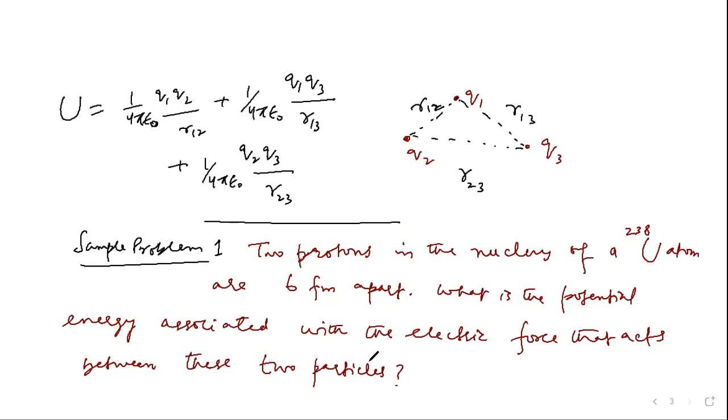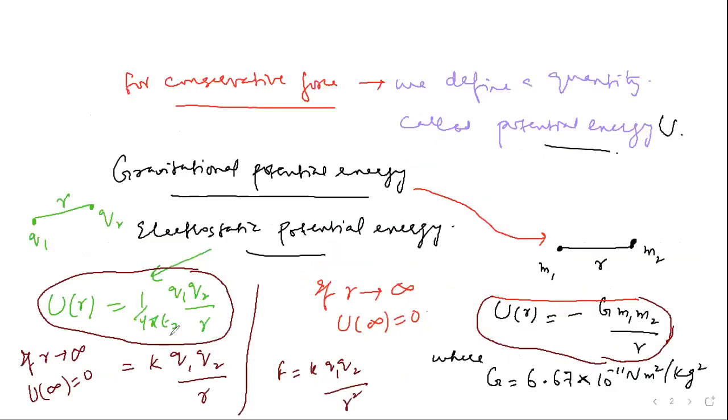Two protons, a proton has charge of 1e, and the force between protons would be electrostatic in nature. So I will use the expression 1 by 4 pi epsilon naught Q1 Q2 by R. The solution will go like this.